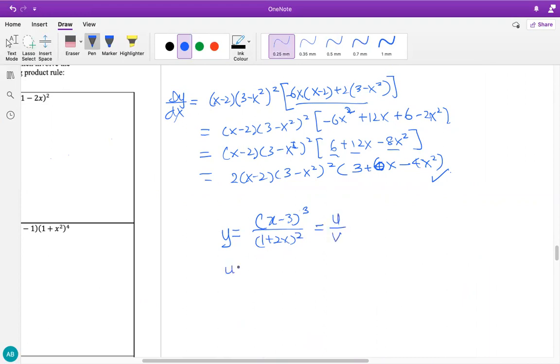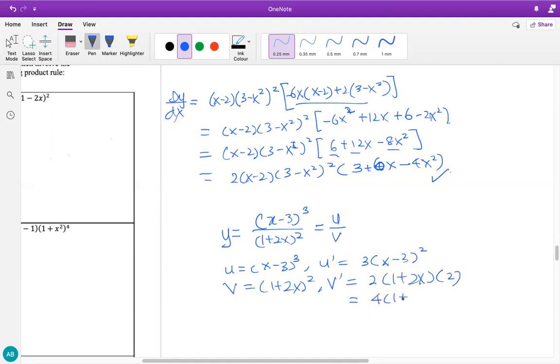So u is x minus 3 cubed, so when I differentiate, I will get 3 times x minus 3 squared. Then if my v is 1 plus 2x squared, I differentiate, we'll get 2 times 1 plus 2x, and then times 2, so you get 4 times 1 plus 2x.